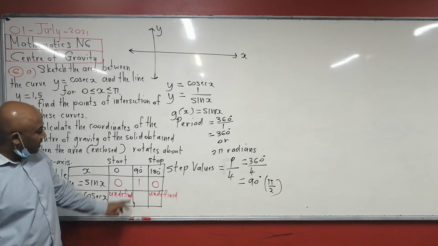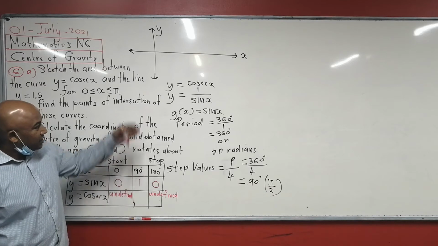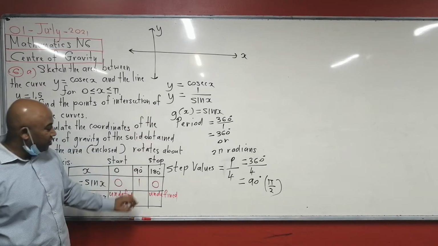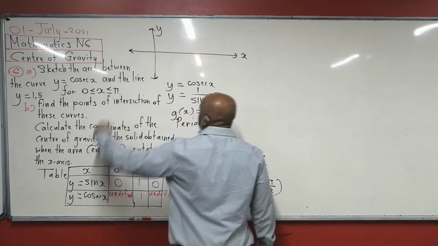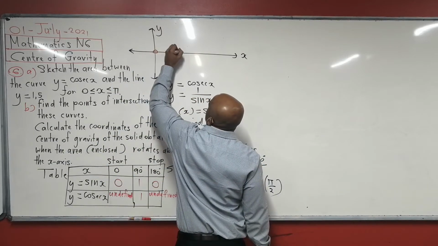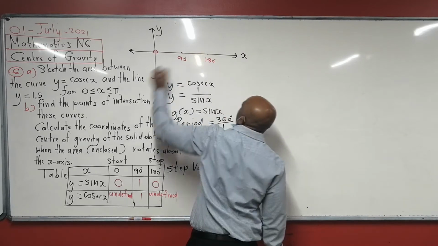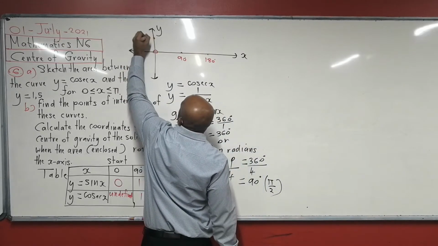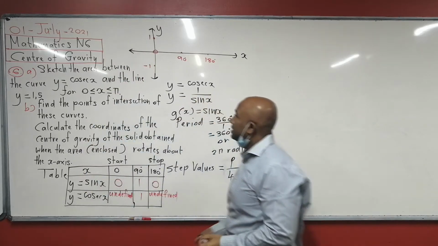Okay. So now, sine of 90 is 1, 1 over 1 is still 1. Right, so now we got our 0, 90, 180. So that's my 1 minus 1.